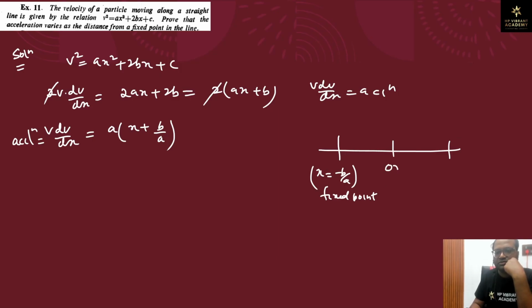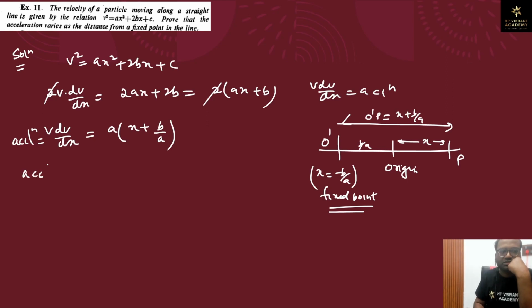And this is our origin. This point P is at a distance of x from the origin. We have taken the fixed point as x is equal to minus b by a, so let us name this as O dash. So this whole distance is O dash P. O dash P is equal to x plus b by a.